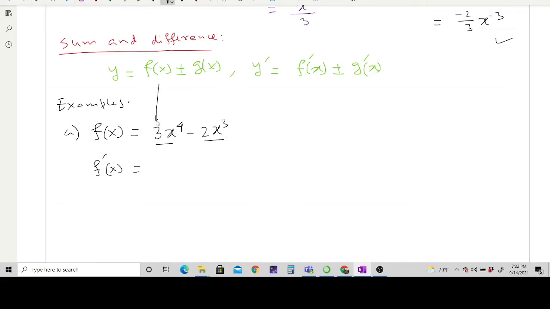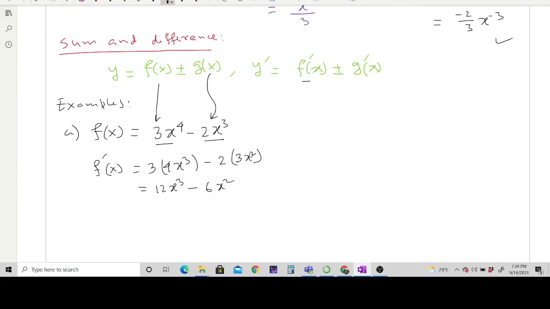Let's say this is f of x and this one is g of x. So you take the derivative of f of x first, then minus the derivative of the second function. Here 3 is constant, so we apply the constant times function rule, then the power rule: the derivative of x to the 4 is 4x cubed, minus constant times the derivative of x cubed, which is 3x squared. Now if we simplify this, 3 times 4 is 12x cubed minus 6x squared.